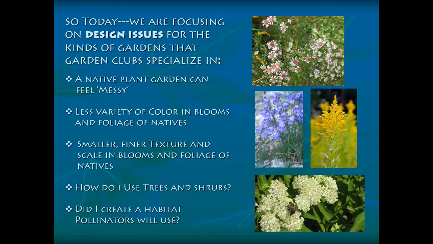Often we're tempted to leave out the trees and shrubs in our civic gardens because of space issues and cost issues, but there's a really important place for trees and shrubs. So how can we learn how to use them in our garden designs? And then coming back full circle, when you look at your beautiful garden, you want to make sure that the pollinators are there and that you did create the habitat that they need.